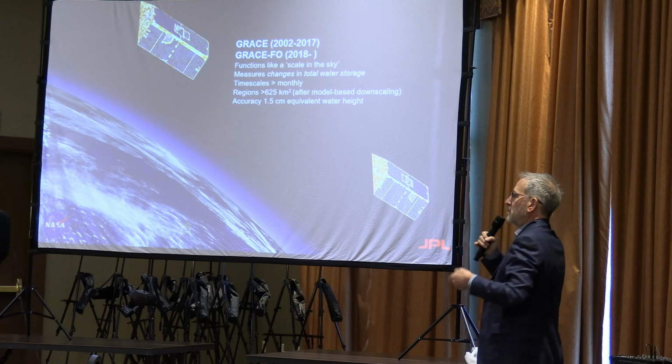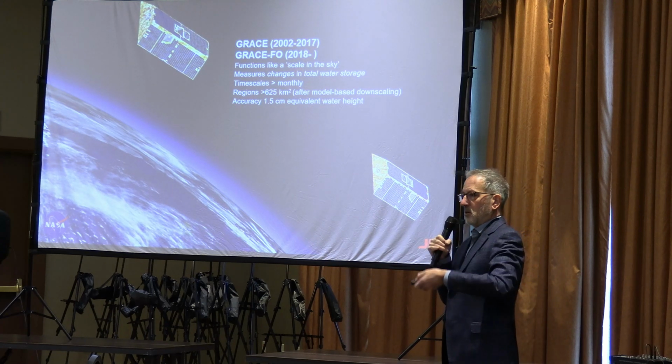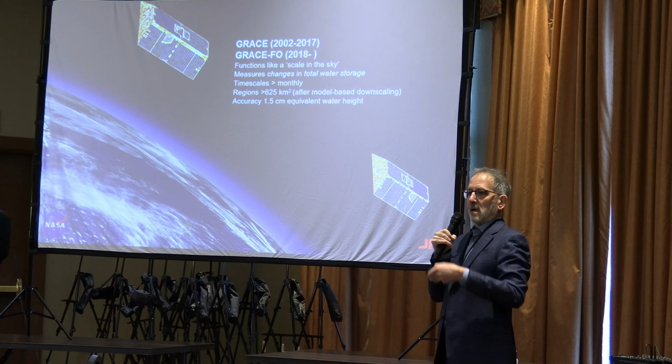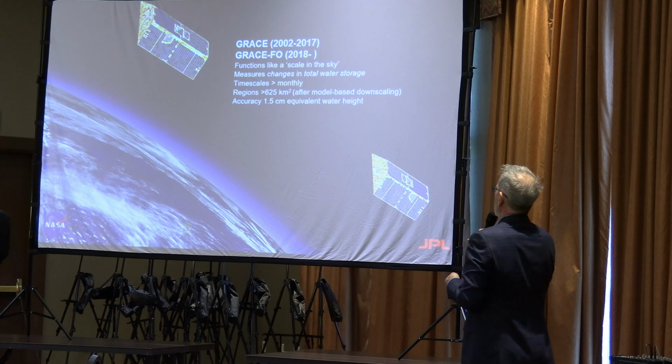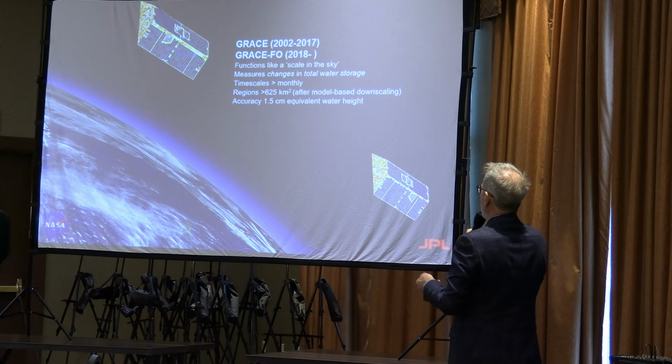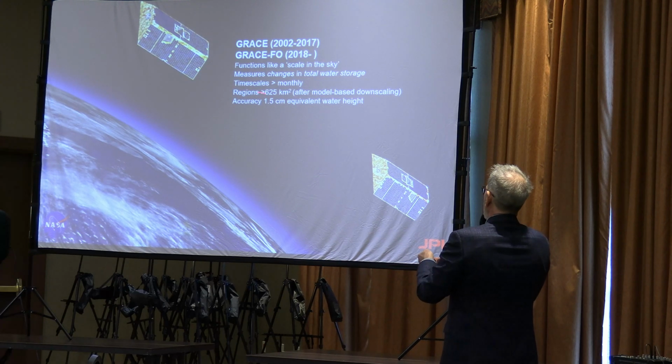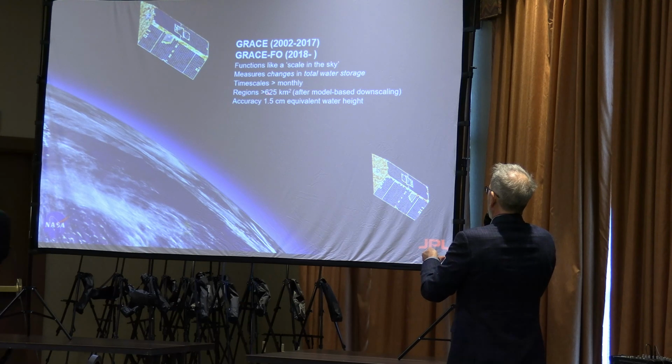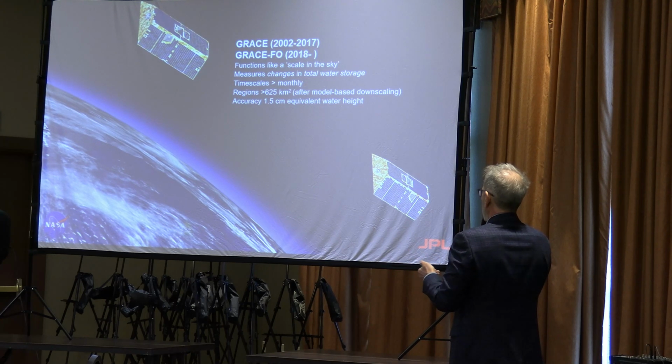So it's really a GRACE and model product now that a lot of people are using, and it's 25 kilometers. It's produced by NASA. And the accuracy is 1.5 centimeters. Actually, the accuracy at the 625 kilometers resolution is actually greater than 1.5 centimeters. So I have to recalculate that. But in short, it's a decent accuracy.